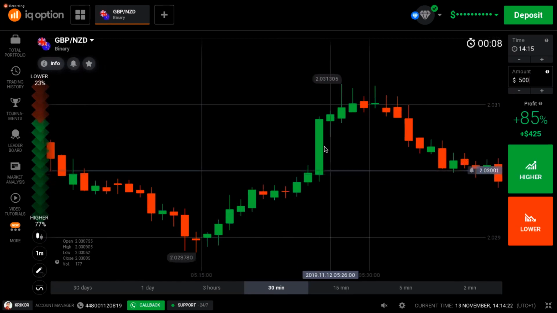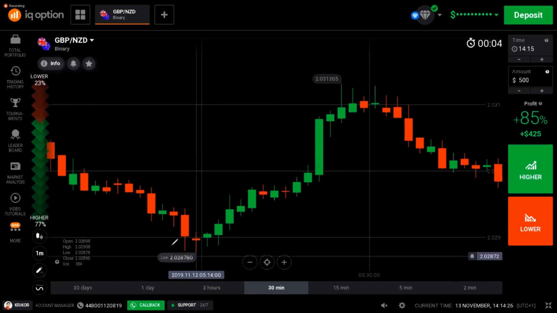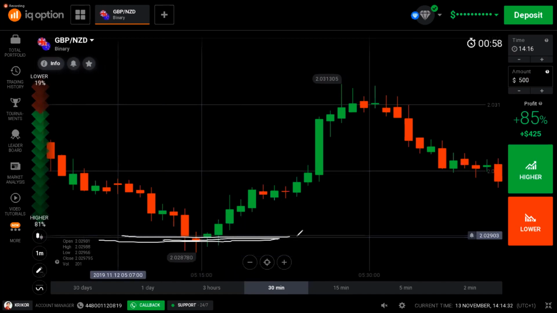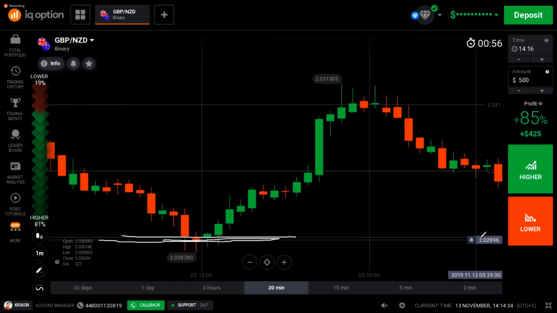Okay, let's assume that you are in this market and you are here. This is an SNR area. We can see it's an SNR area and it's also a round number. You can see 2.002900.